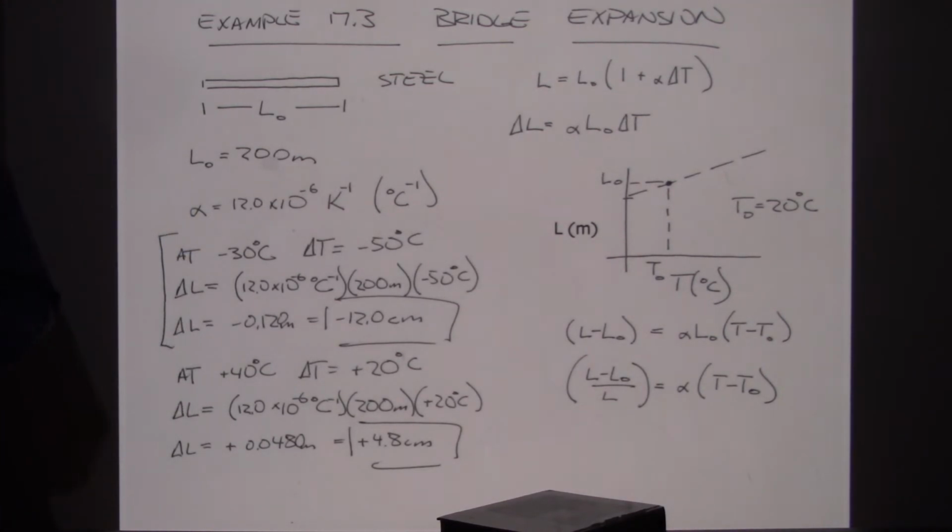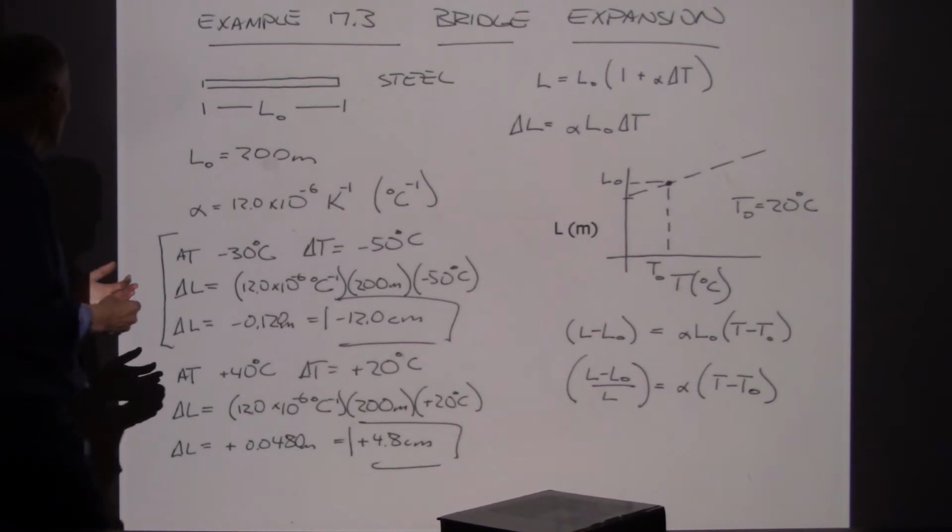And again, that works pretty well. If you're doing detailed engineering work with materials, you may be looking at thermal expansion formulas that indicate more detail as to exactly how that expansion works, but at kind of the 0th level of approximation, we just assume the expansions and contractions are linear with respect to the temperature changes.